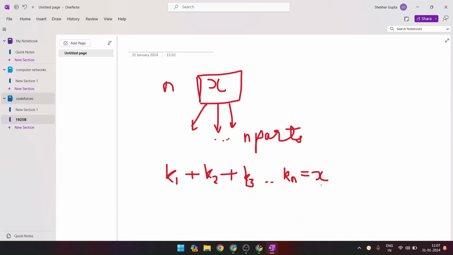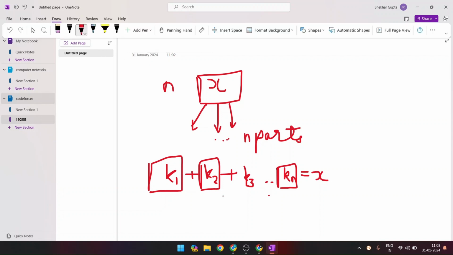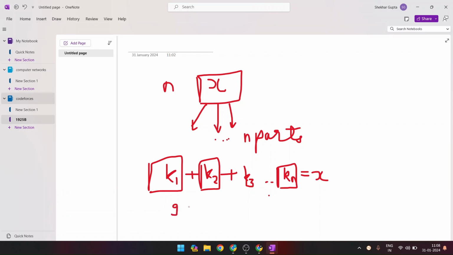So we have divided our x into k1 plus k2 up to kn, and we have to choose these k1, k2, k3 up to kn such that the GCD of all k1, k2 up to kn should be maximized, right? Should be maximum. Okay, so how do we do it?